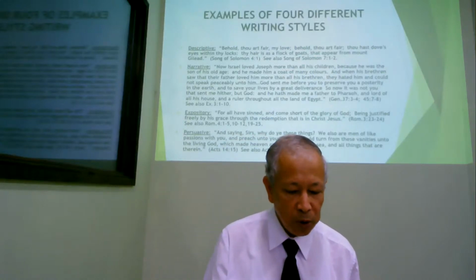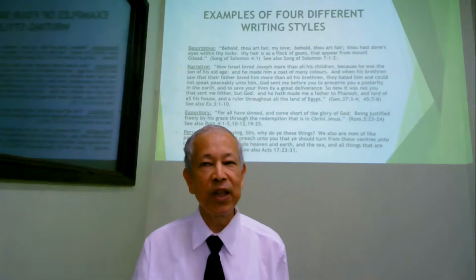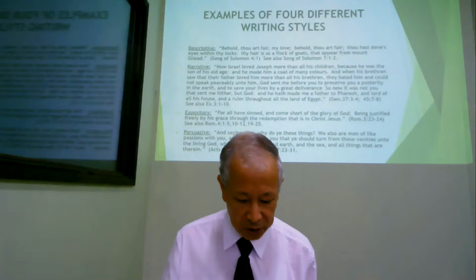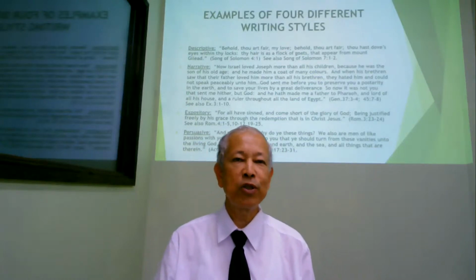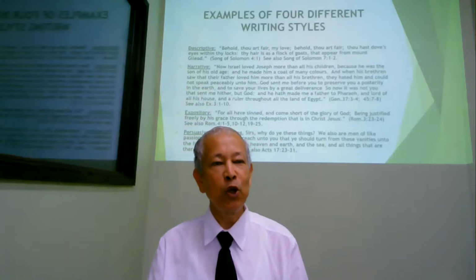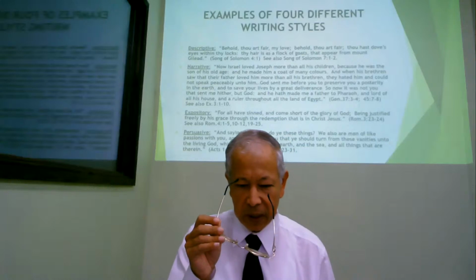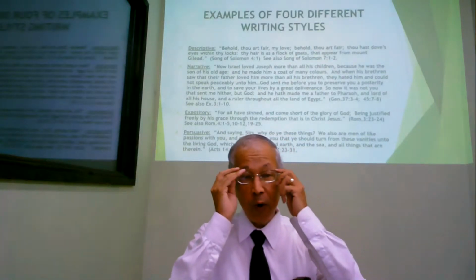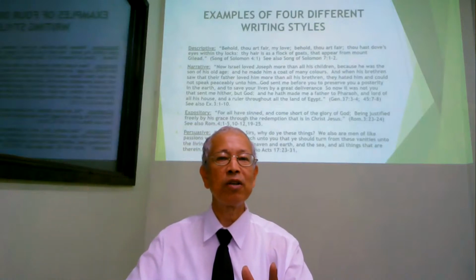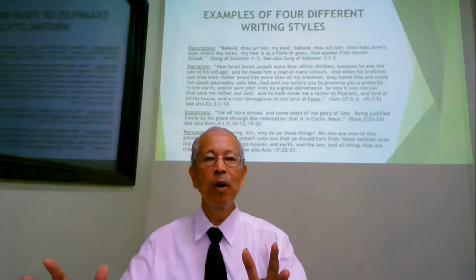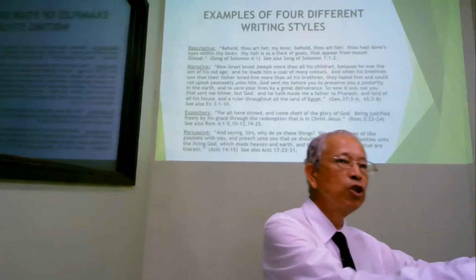Now, the Hebrew language uses the conjunction far more often than the English language does. So even in an English translation, it looks as if too many ands are being used. But there's a reason for that, which you will learn about later on. That one of the uses of the conjunction is to move from one event to the other.